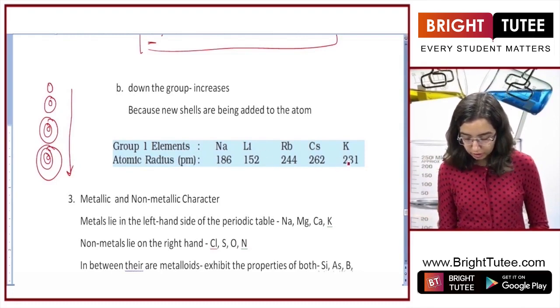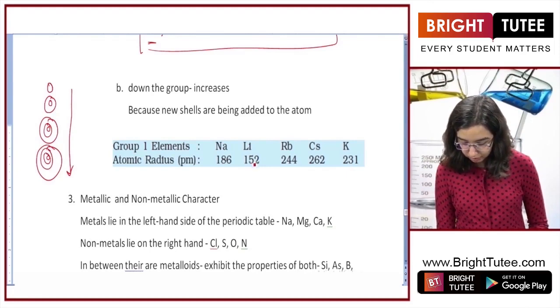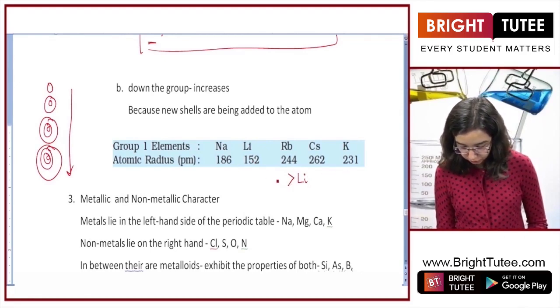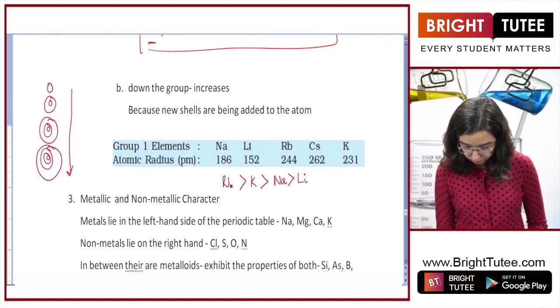Let's arrange these elements to verify what we are saying. The smallest element we have is lithium. After lithium, the next size is of sodium. Then after sodium, we have potassium, then rubidium, and then cesium.